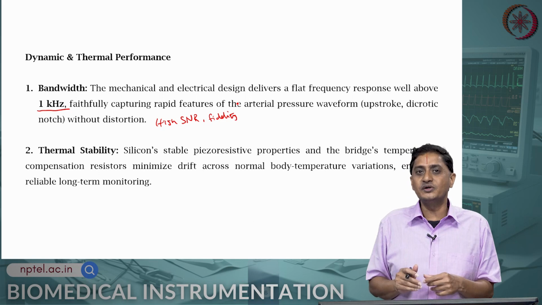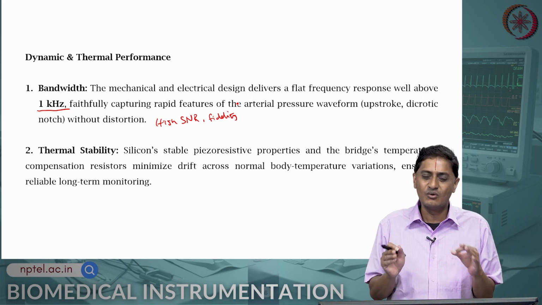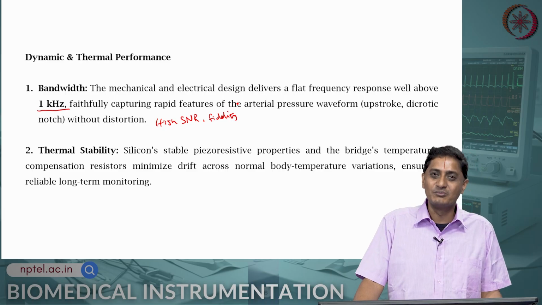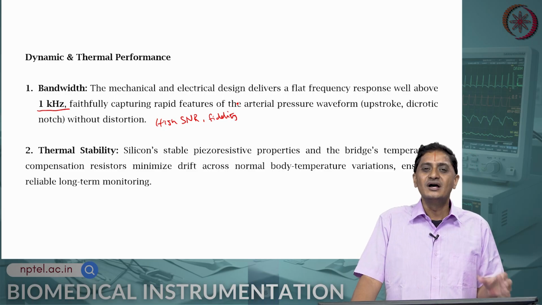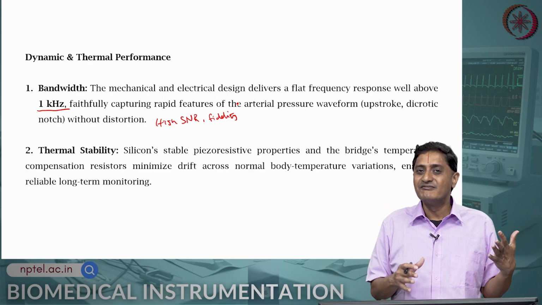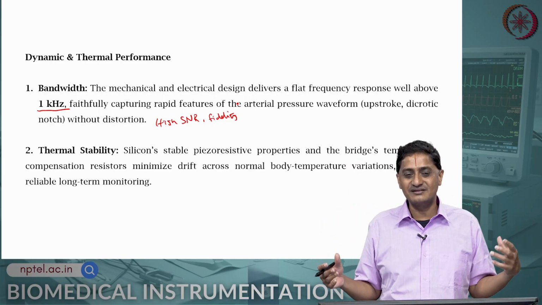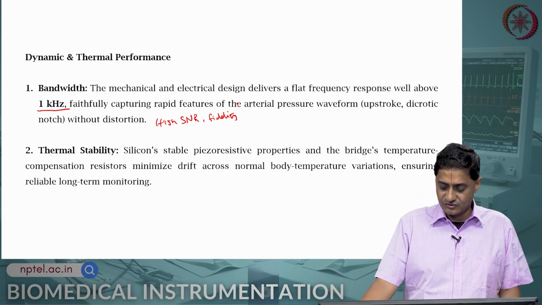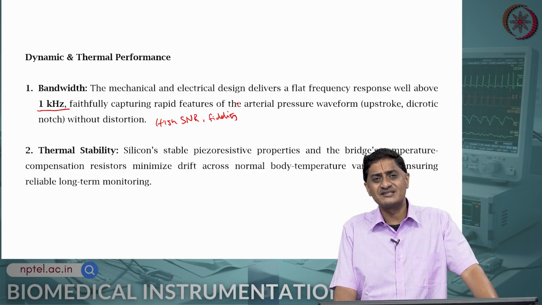In that range you are going to have maximum thermal stability. Why is that? Because this is the expected range of temperatures of human bodies. So, the temperature compensation resistors are pre-designed with this temperature range in mind, so that you have excellent thermal stability. So, we can have reliable long term monitoring.